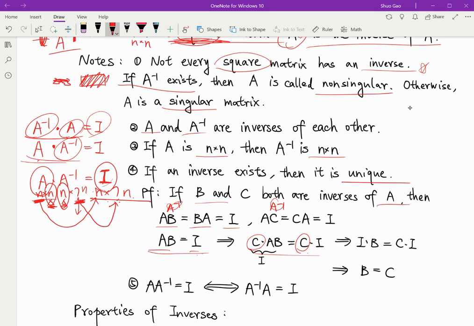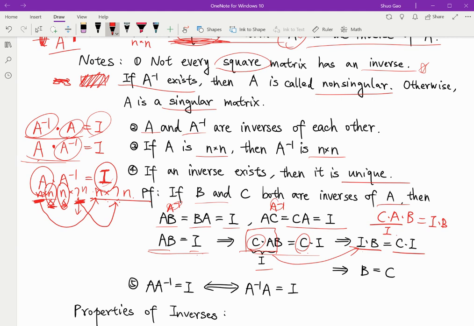We know that C times A is the identity matrix by the definition. So C times A times B becomes I times B, as I show here.